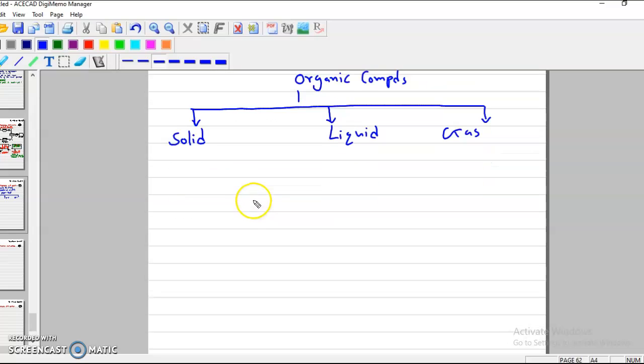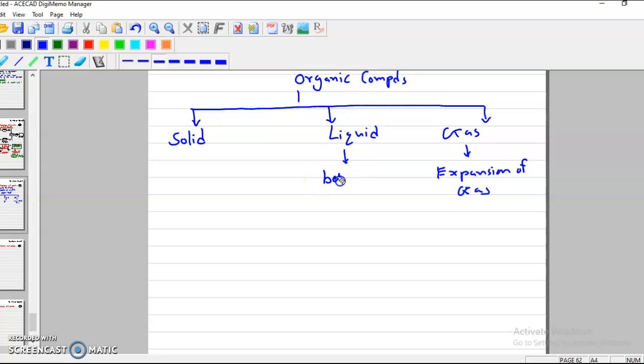If the unknown organic compound is a gas, then it is easy to take IR spectra. What we have to do is expand the gas in the sample region, the sample cell. With the help of this, we can take the IR spectra of gas directly. If it is a liquid, then the sample is prepared with the help of two plates of sodium chloride.